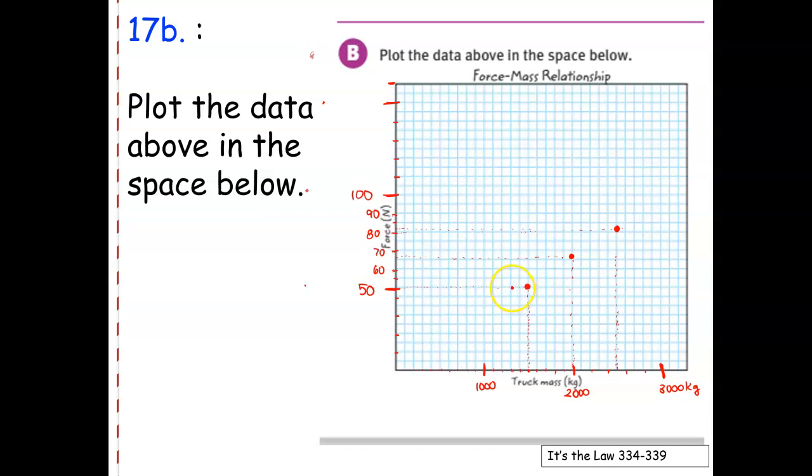So here we have the mass of 1500 and the force of 50. Here we have the mass of 2000 and a force of 66. And here we have the mass of 2500 and 82.